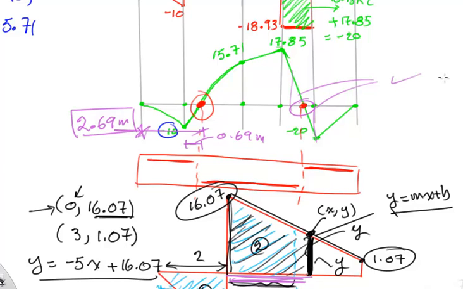Okay, I know that was a long tutorial, but I hope that I answered the question about the importance of the zero moment location, and how we can get that using our quick way of finding the moment diagram and the shear diagram.